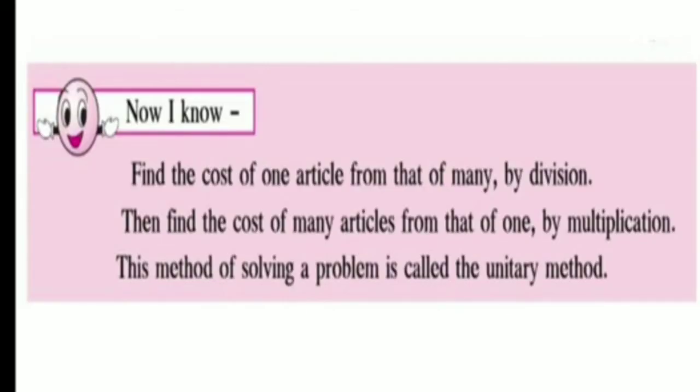Means find the cost of one article from that of many by division, and then find the cost of many articles from that of one by multiplication. This method of solving a problem is called the unitary method. So this is the real definition of unitary method.